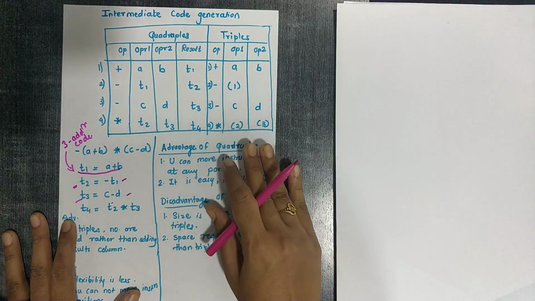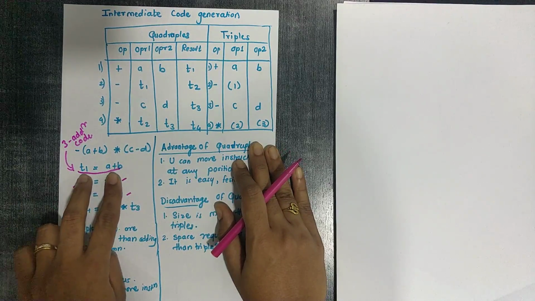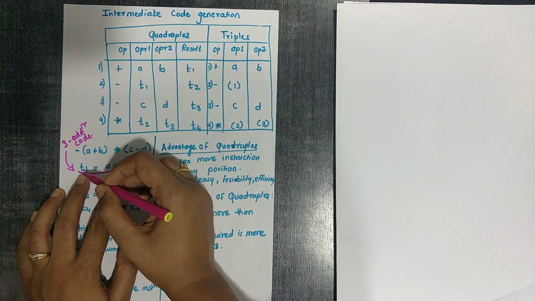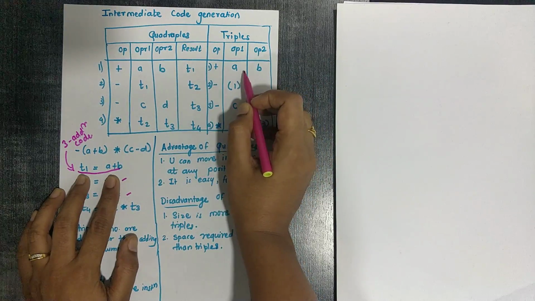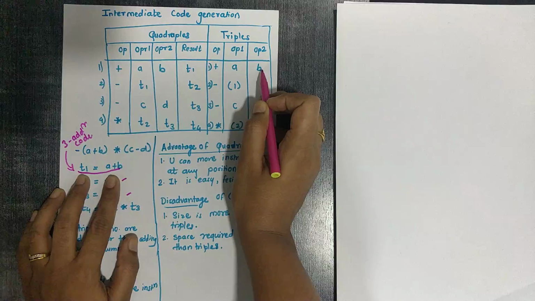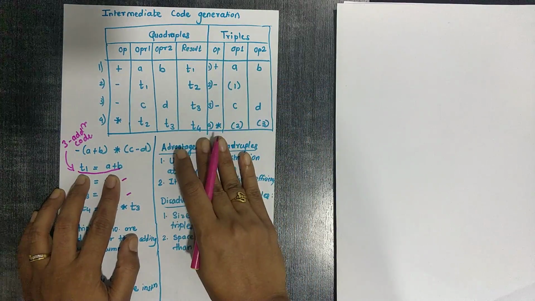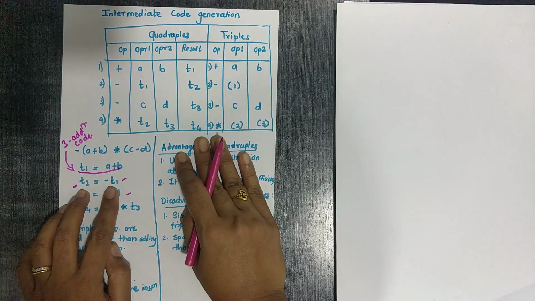Like we consider a plus b, this is the first statement, our first statement with t1, but we are not going to use these variables now, right? Result column is not there. So plus is the operator, a and b are operands, so its number is 1. Afterwards, what we have to do, the second statement is minus t1.